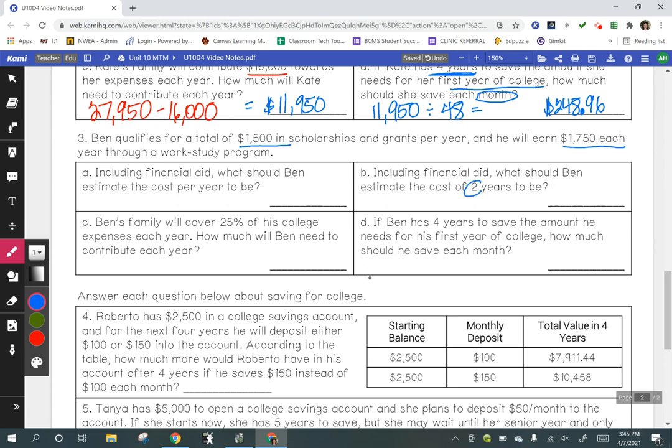Cost for 2 years because it's a community college. His parents will cover 25%. So think about how much will Ben cover, what percentage will Ben cover, and then figure out for each month for 4 years. Good luck, and let your teacher know if you have any questions.